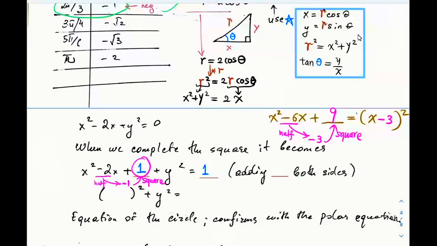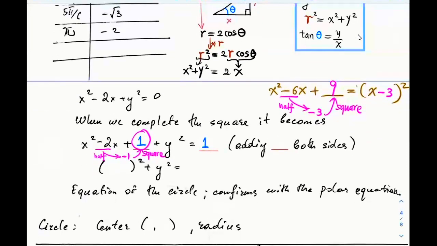So that was the trick in algebra. Okay, so I use the trick. I make this into a perfect square. It is X minus 1 squared. And this is Y squared. It's all perfect squares. And on this side here, we have a 1. Just remember, if you add a number on this side, you need to add a number on the other side. So you add 1 to both sides. Okay.